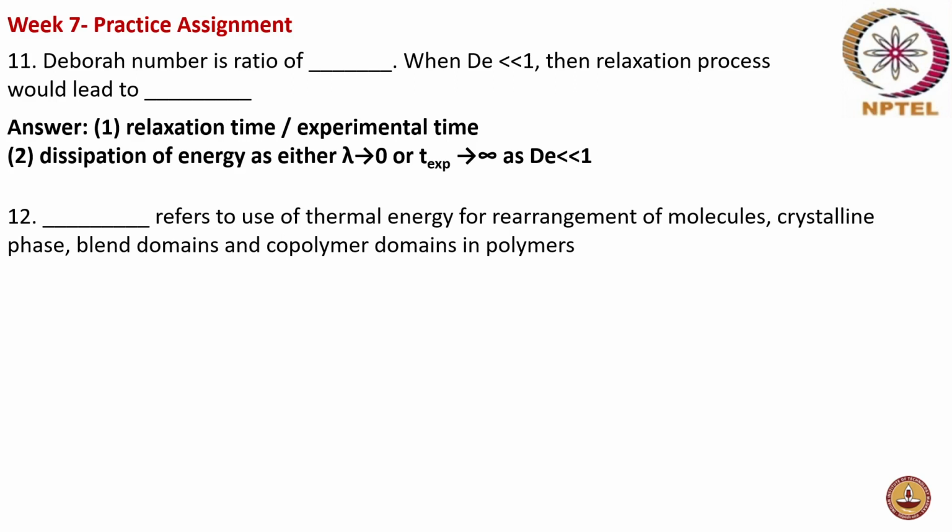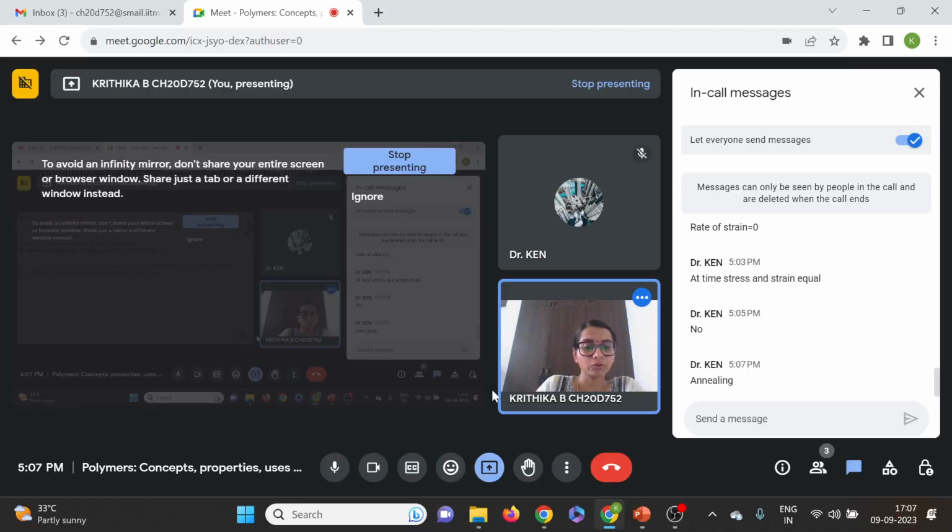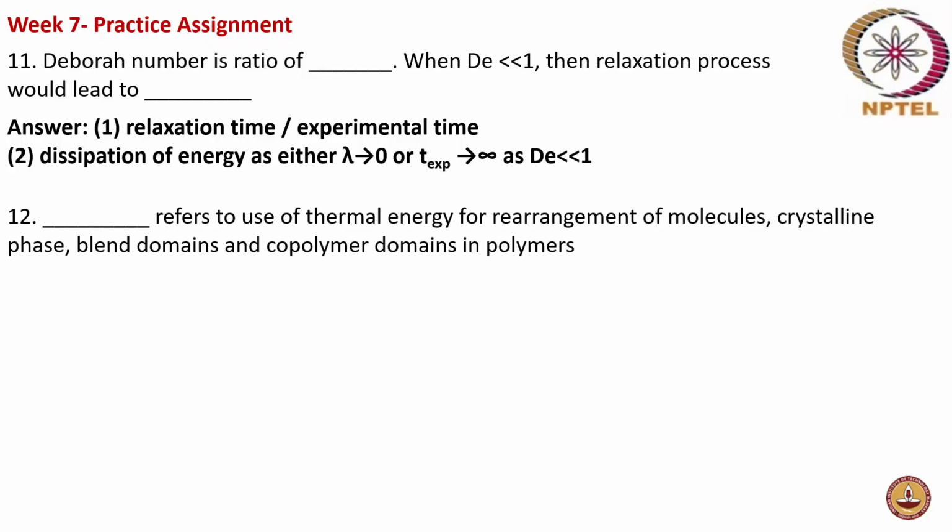So what is the term, or what is the process that is done for rearrangement, where thermal energy is used for rearrangement of molecules or crystalline phase or blend domains or copolymer domains in a polymer? Use of thermal energy for rearrangement in polymers. What is this process called? Yes, perfect. Annealing. You have already replied.